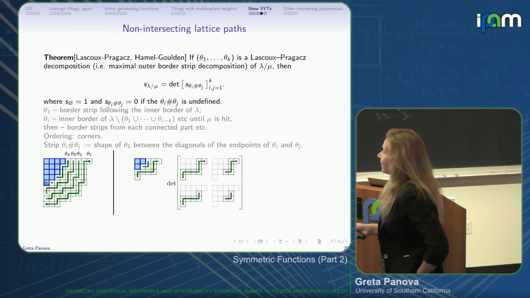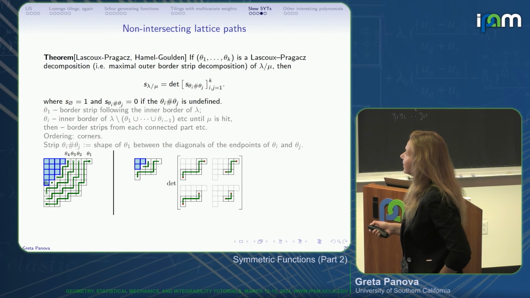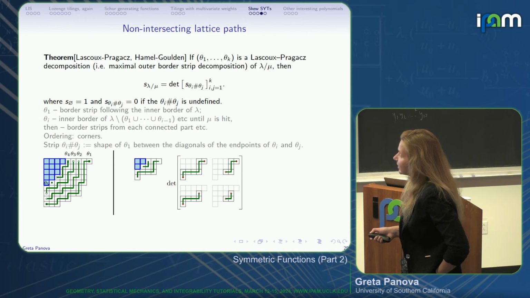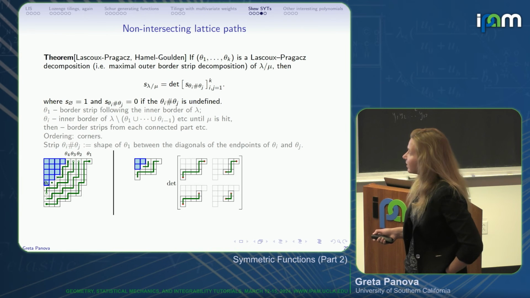It's a theorem by Lascoux and Pragacz, and it was generalized by Hamel and Goulden in the following way. So we take a skew diagram, lambda over mu. And actually, the theorem is a lot more general than what I've written here. But basically, you can cut your diagram into whatever paths you want, as long as they're non-intersecting.